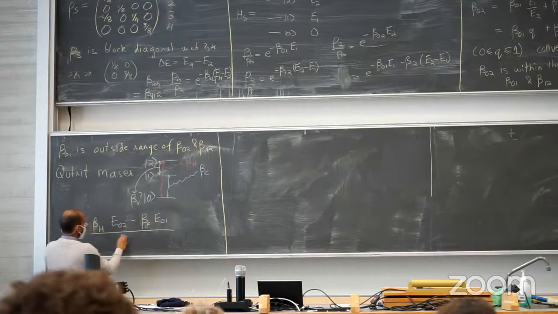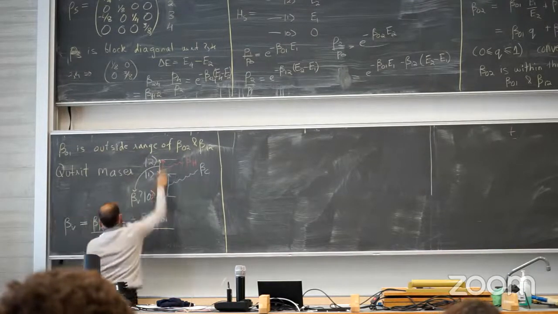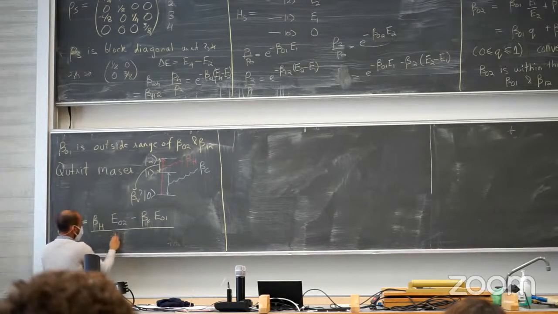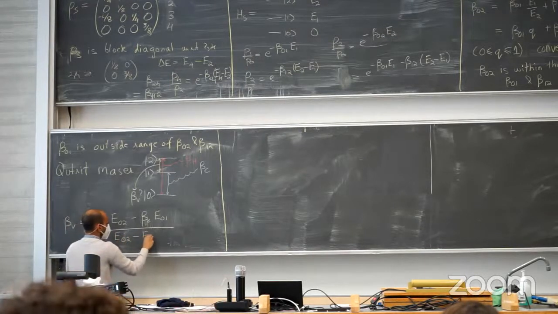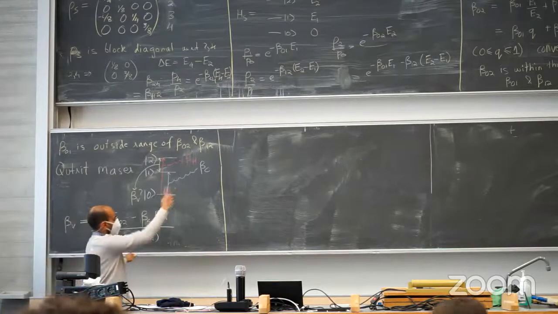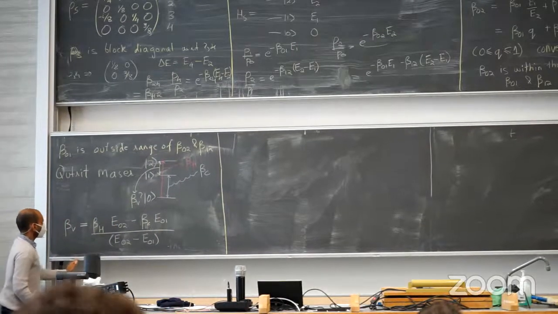divided by the energy of this one, because what I have here is E12, but I can also write it as E02 minus E01. So this is another way of writing it. It's the same equation as there, I've just rearranged it. And now the point is that this is very controllable.